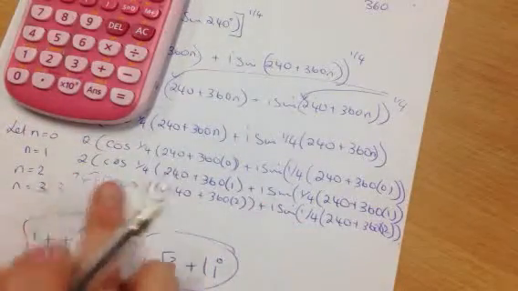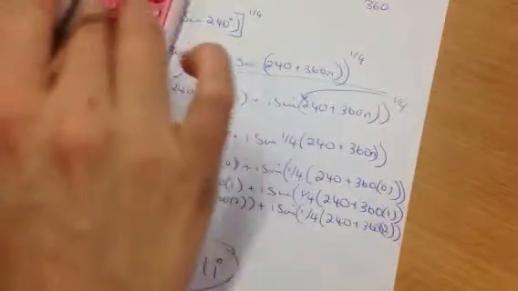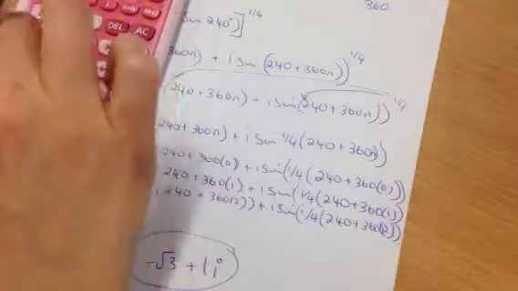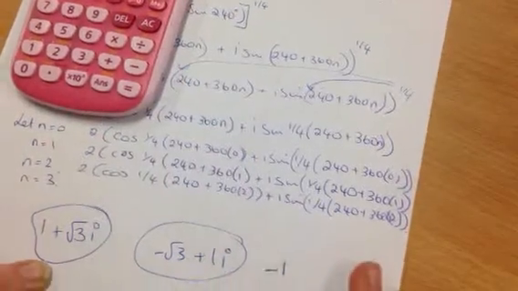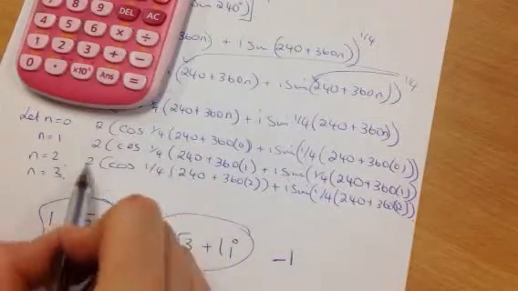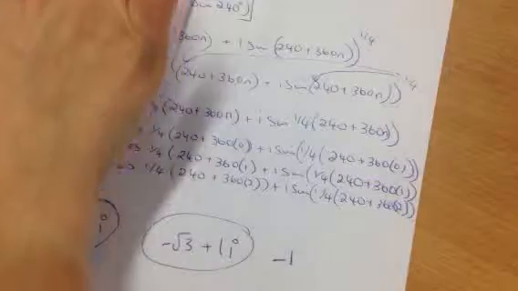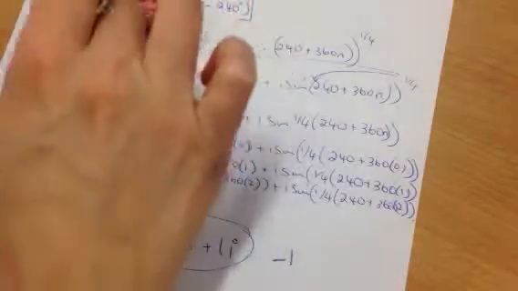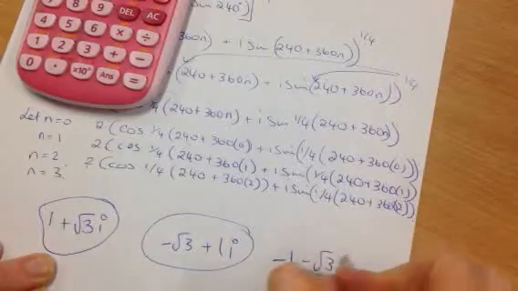So that is 2 times the cos of 240, which is minus 1, and 2 times the sine of 240, which is minus root 3 times i.